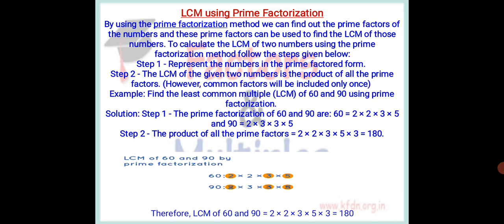Now come to the third factor. In case of 60 it is 3, in case of 90 also it is 3. So write down 2 into 2 into 3.